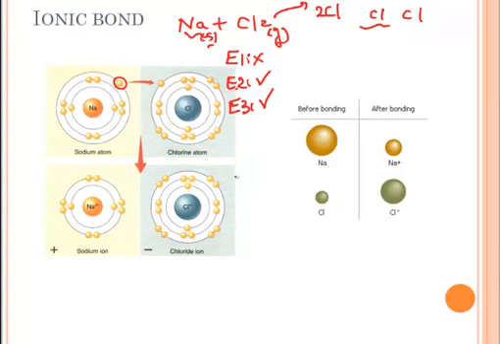Now you will see effect number 1 is there, effect number 2 is there, but effect number 3 is not there, but effect number 1 dominates, and the order of size is precisely switched. The sodium ion is now much smaller than the chloride ion.